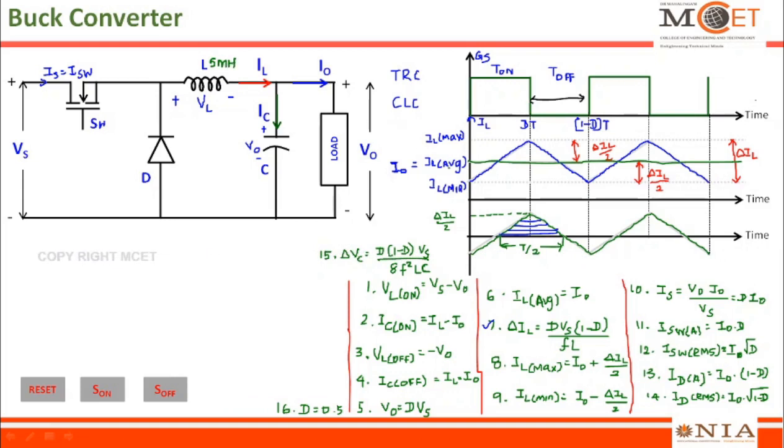For 5 millihenries, the current through it is what I have drawn here. If it is reduced, for example to 2 millihenries, then it will start somewhere here and go like this, again come like this, again go back. So this is how the current will flow when the inductance is reduced.